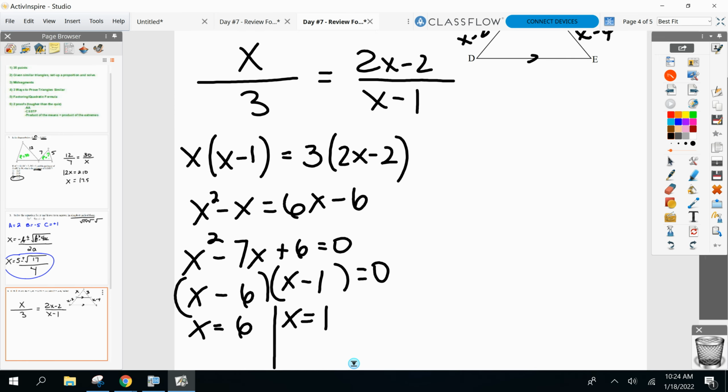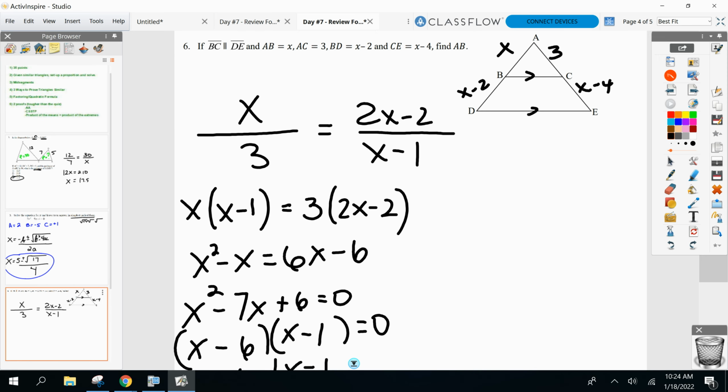Look, tell me what's wrong with one of those answers in that diagram. 6 and positive 1. What's the problem with one of those answers? There's a huge issue I have. When I plug one of them in, something's going to happen that shouldn't. Zach, what happens? 1 minus 2 equals negative 1.